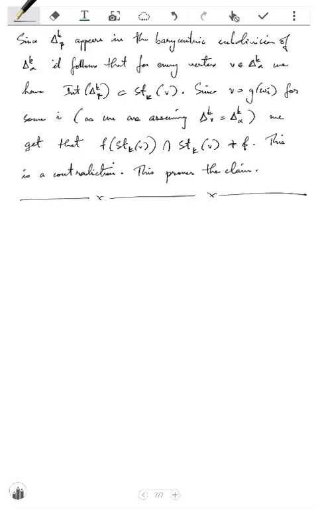So let's put the claim aside for a minute. So a simplicial complex K can be given a CW structure in an obvious way.